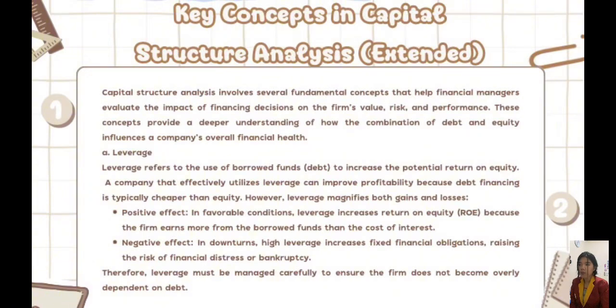We have a positive effect. The positive effect is that in favorable conditions, leverage increases return on equity, ROE, because the firm earns more from the borrowed funds than the cost of interest.